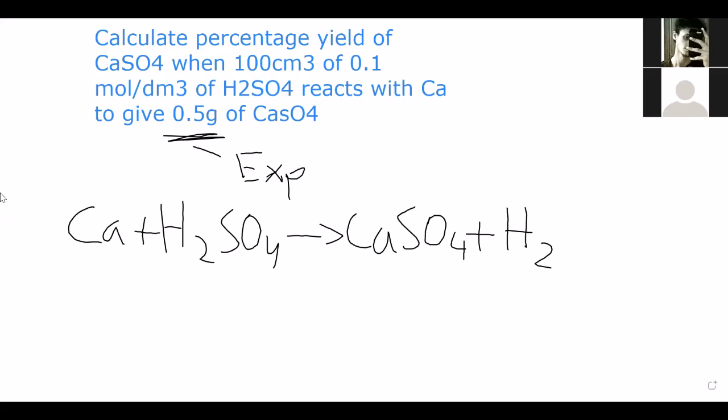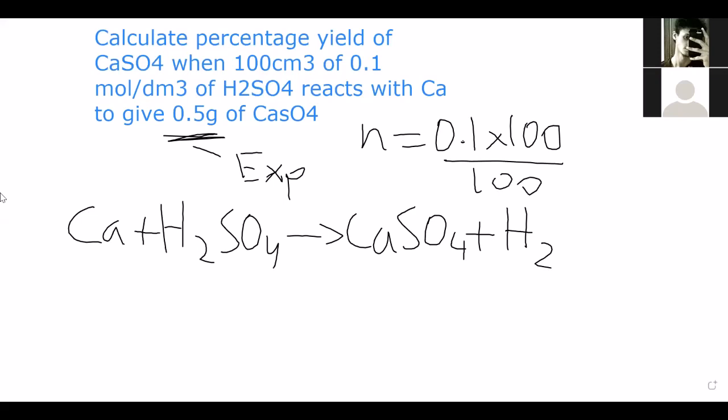Now the moles of sulfuric acid we'll have to find using the formula N is equals to C into V upon 1000. C is 0.1, V is 100 upon 1000.